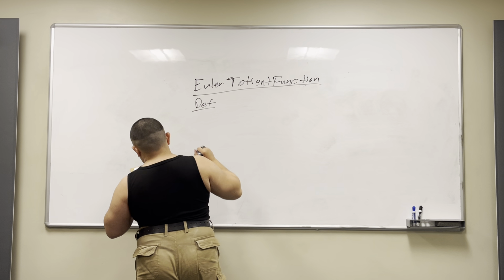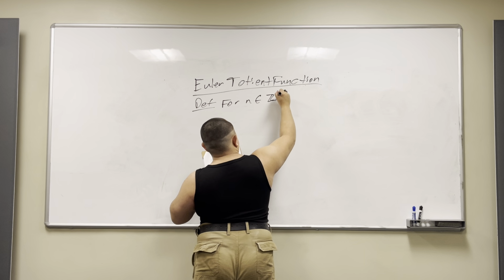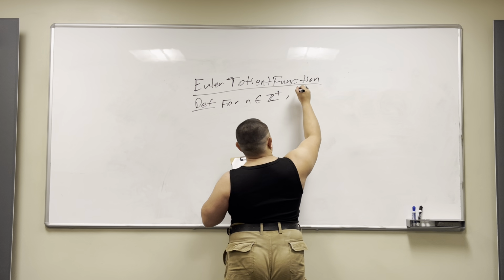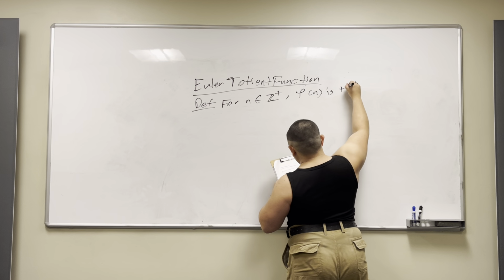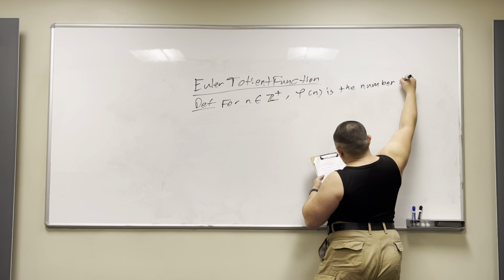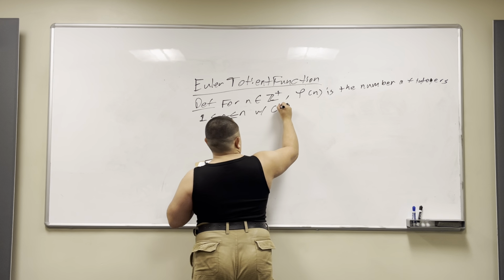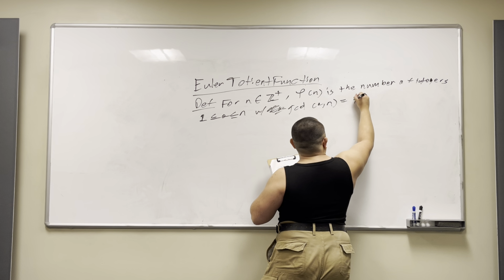Definition: for n within the positive integers, the totient function of n is the number of integers a, 1 less than or equal to a, less than or equal to n, with the greatest common divisor of a and n equal to 1.